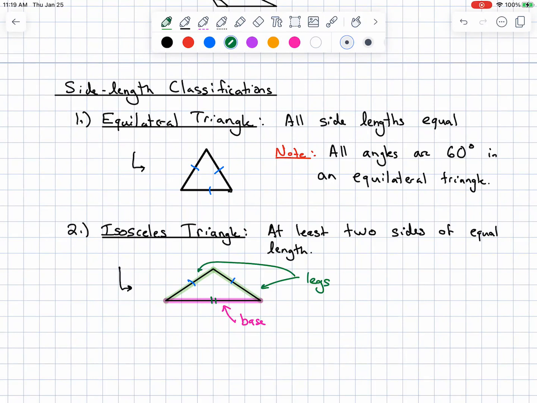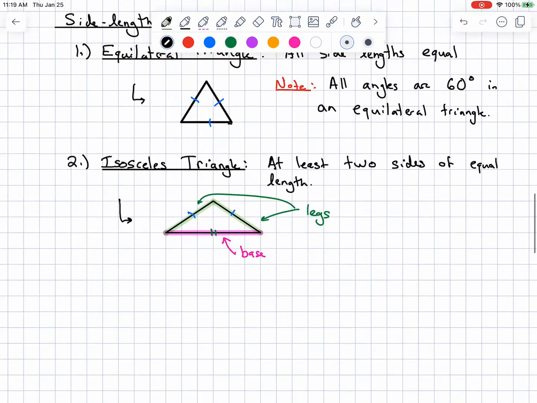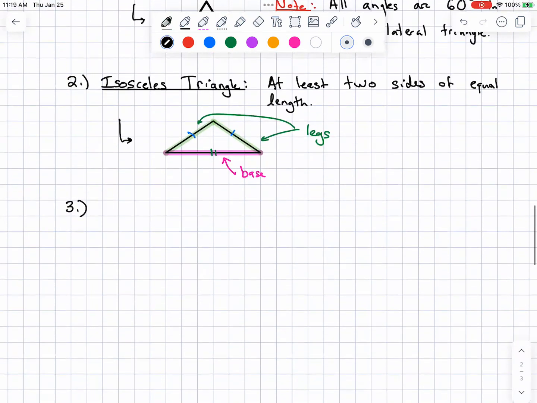And the last one is just letting their freak flag fly. They're going to be a scalene triangle. A scalene triangle is one with all different side lengths.